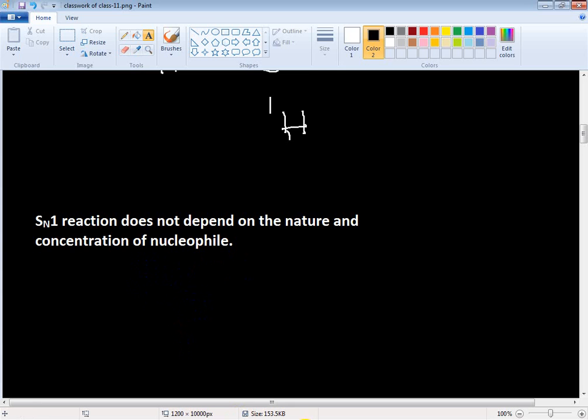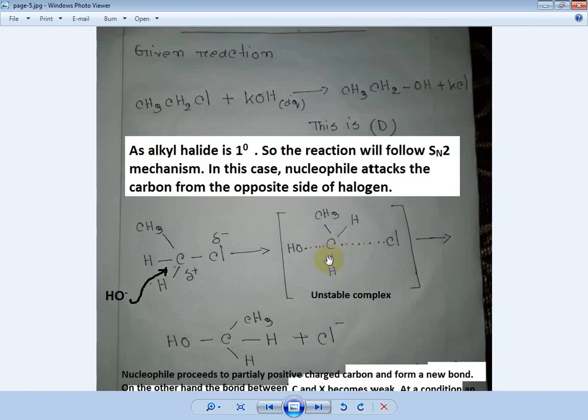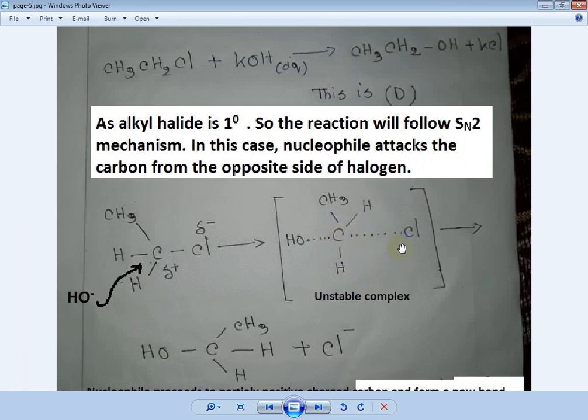But the SN2 reaction depends on the concentration of the nucleophile, because here the rate determining step is one step. This is the unstable complex step.